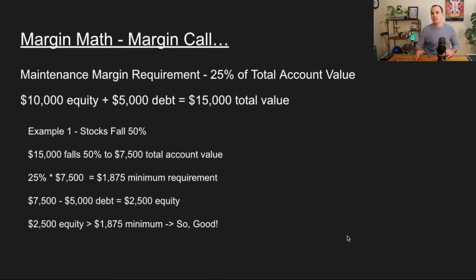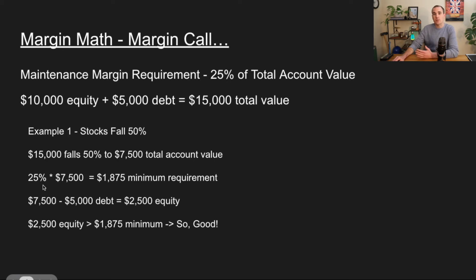So in the first example, using that same $10,000 worth of equity and $5,000 worth of debt, let's assume that the stocks that we own fall 50%. Ouch, 50, that's a huge move. So that $15,000 falls 50% to now equal $7,500 in total account value. So that Federal Reserve requirement for a maintenance margin is that 25%.